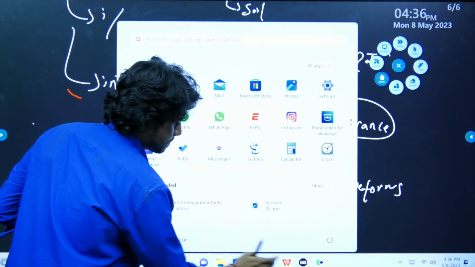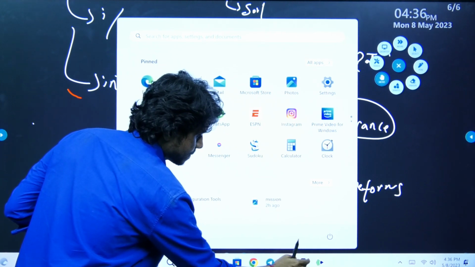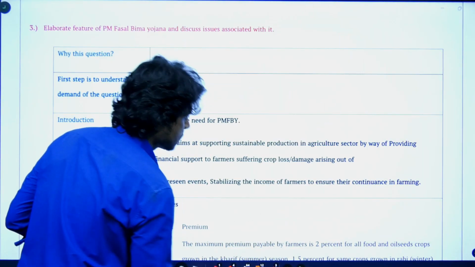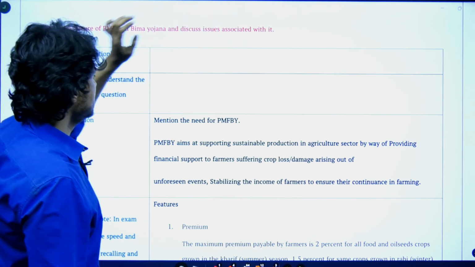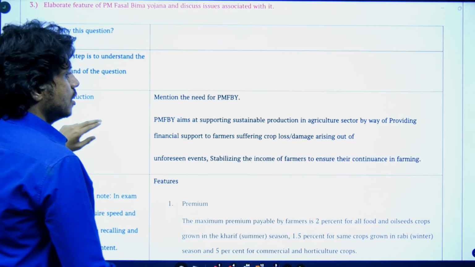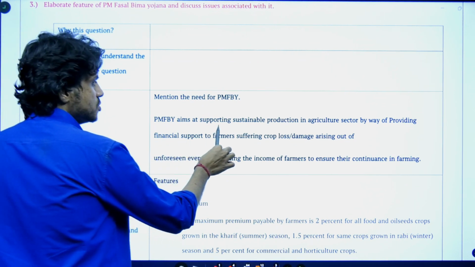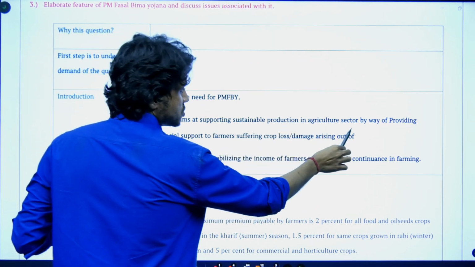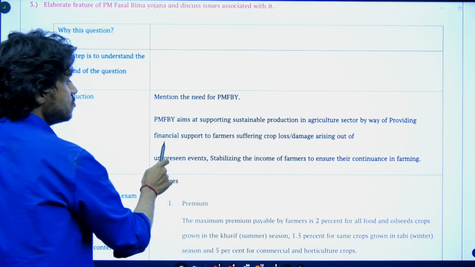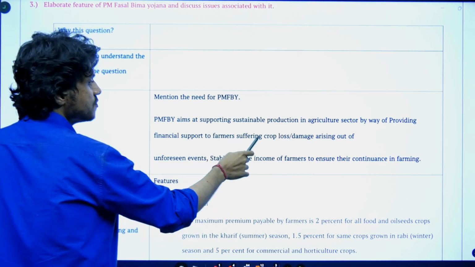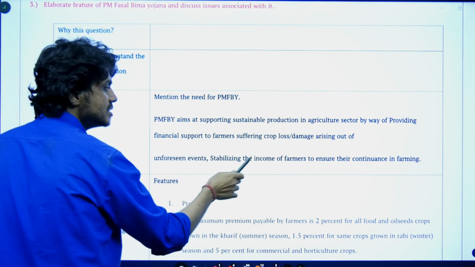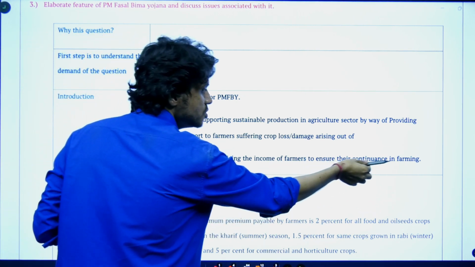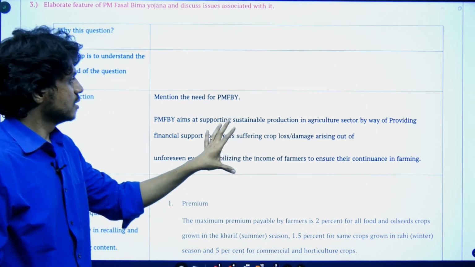Now let's see. Elaborate the features of the PM Fasal Bima Yojana. Pradhan Mantri Fasal Bima Yojana aims at supporting sustainable production in the agriculture sector by providing financial support to farmers suffering crop damages arising out of unforeseen events, stabilizing the income of the farmer to ensure their continuance in farming.